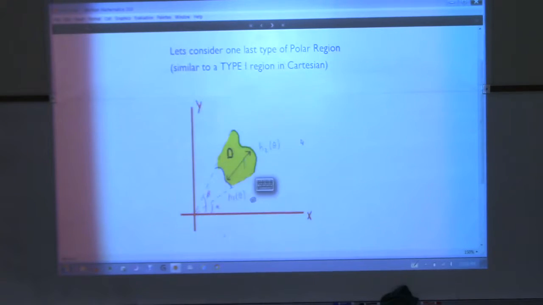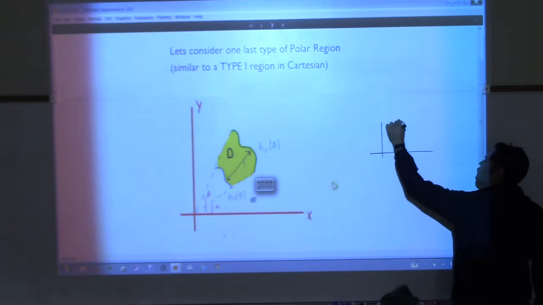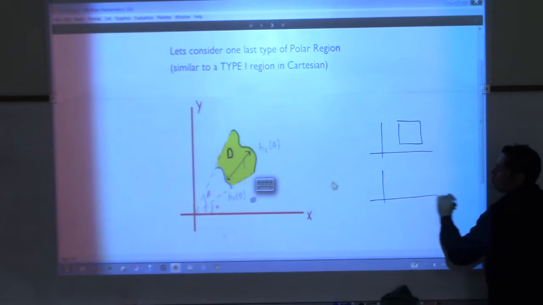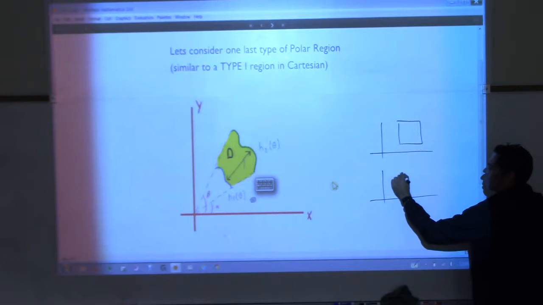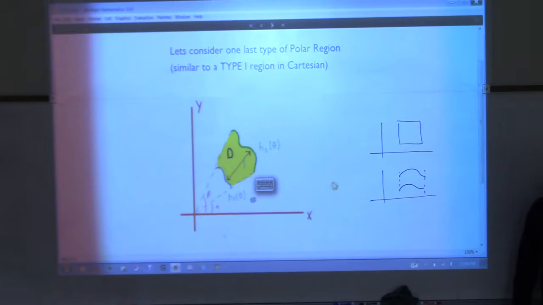All right, I guess we are going to do an example of this right now. Okay, so remember what we did when we started chapter 12. We had a rectangular region in Cartesian, right? Then we did a type 1. A type 1 was your x's were between two constants and your y's were between two functions of x, right?